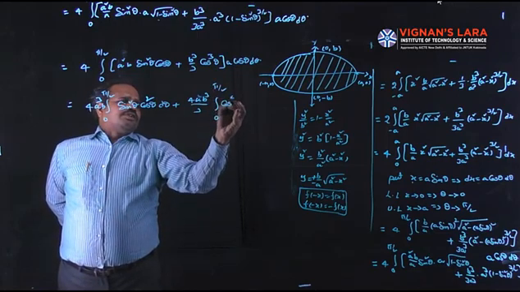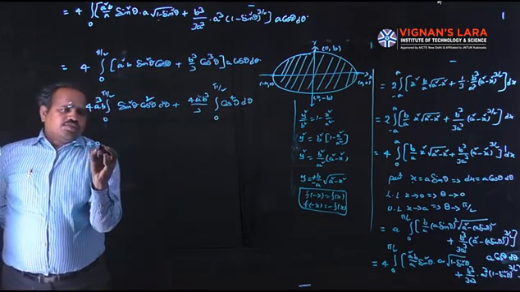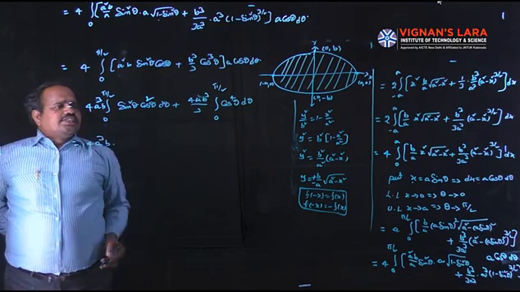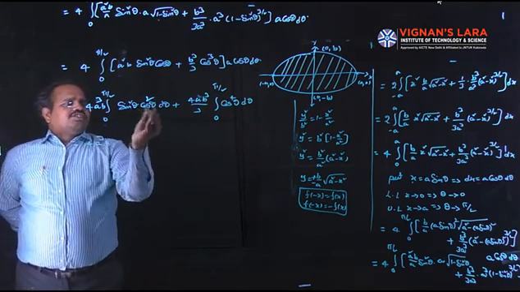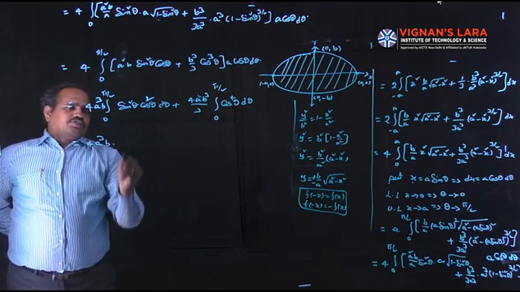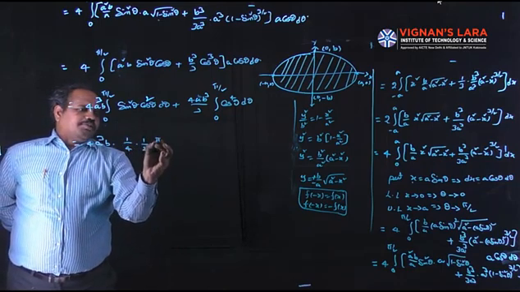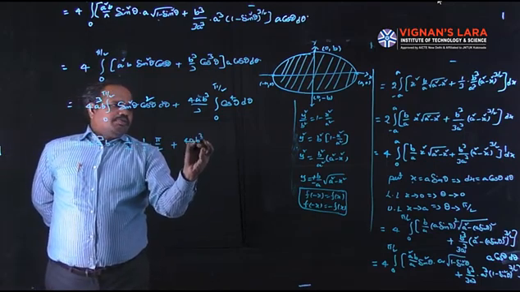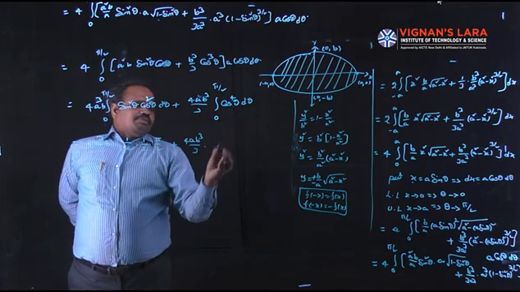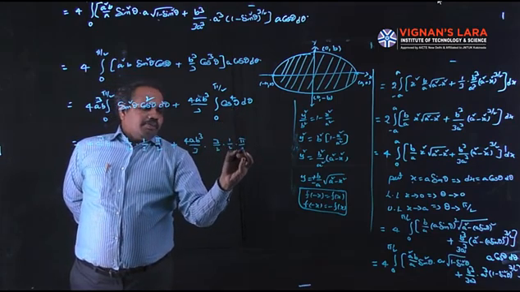Cos power 4 theta d theta, which is equal to 4a cube integral 0 to pi by 2 sin square theta cos square theta, which is of the form sin power m cos power n. What is the formula? 1 by 4, 1 by 2 into pi by 2, plus 4ab cube by 3. This is m minus 1, so 3 by 2, 1 by 2, pi by 2.